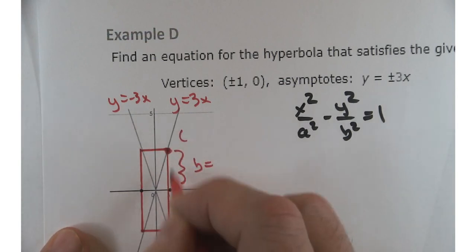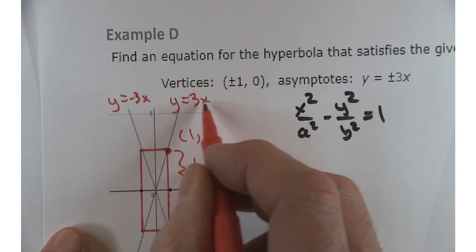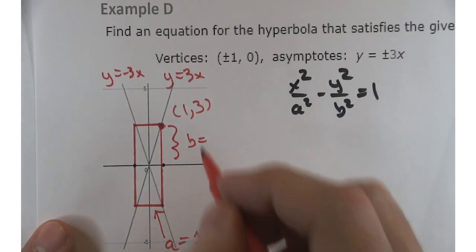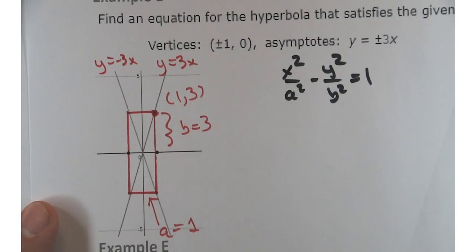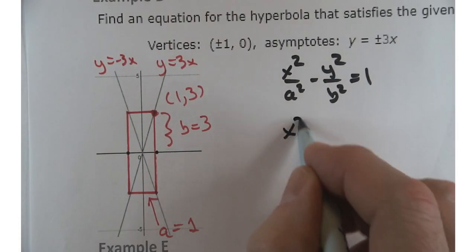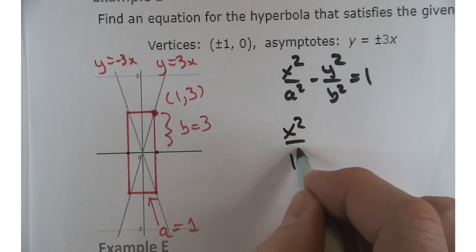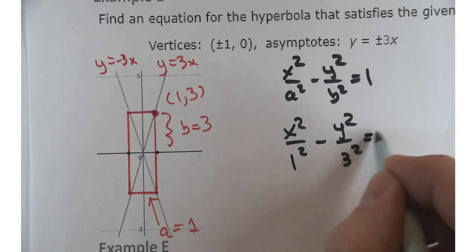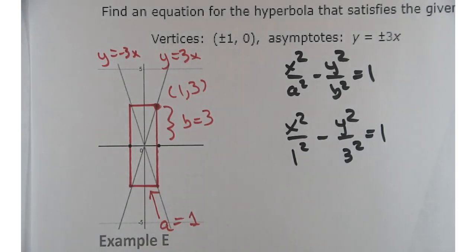X equal 1, y equals 3. So that means B equals 3. Great, you've got A and B. What's that going to look like for us? X squared over 1 squared minus y squared over 3 squared equals 1.